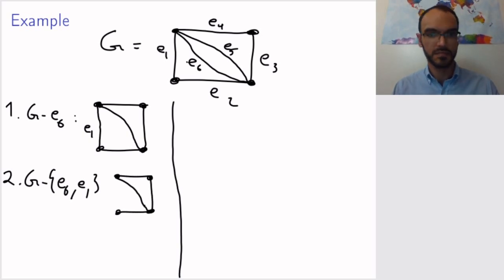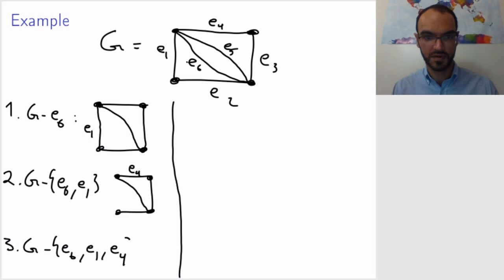But now I still have this cycle, so maybe I can remove E4. The remaining graph looks like this, which has no cycles, and therefore it is a tree. So this is a spanning tree, T.